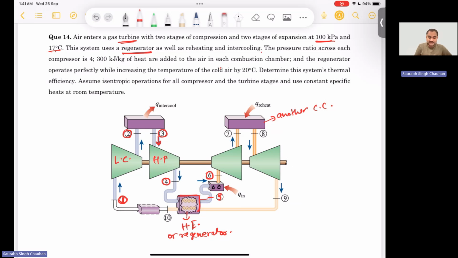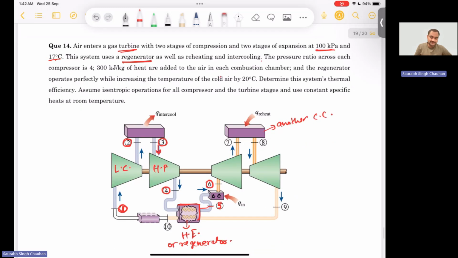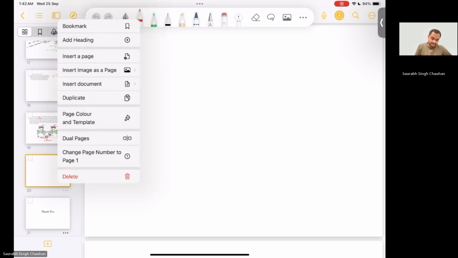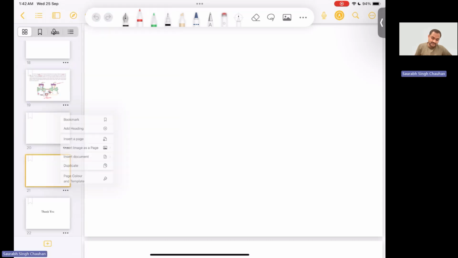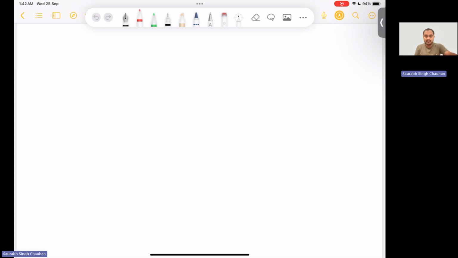It basically means that at the inlet of this whole gas power plant, the air was at 100 kilopascal and 17 degrees Celsius. This does not mean these are the turbine inlet conditions. And as we discussed, the regenerator is nothing but a heat exchanger. Before proceeding we should make the TS diagram.